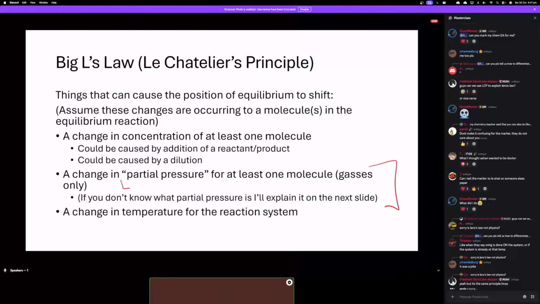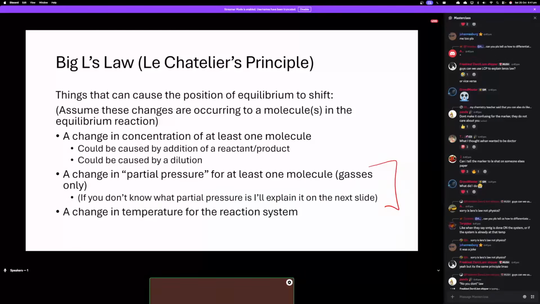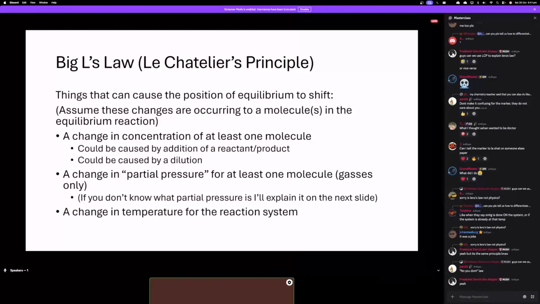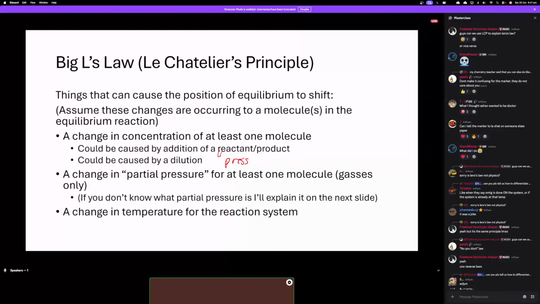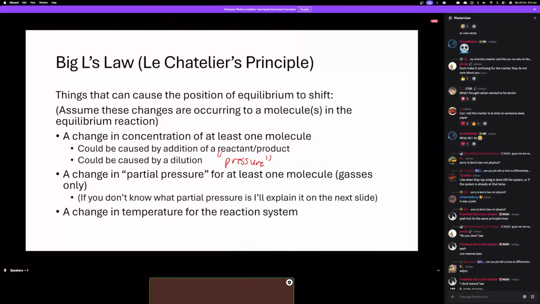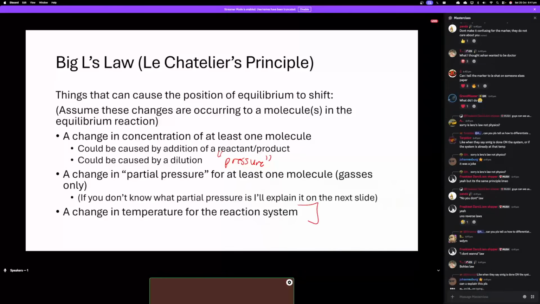If you haven't heard the term partial pressure before, we will cover that on the next slide. You might have just heard pressure, but there is a difference between pressure and partial pressure, and we'll cover that. So there's that, and the last one is a change in temperature, and it will try and oppose that.